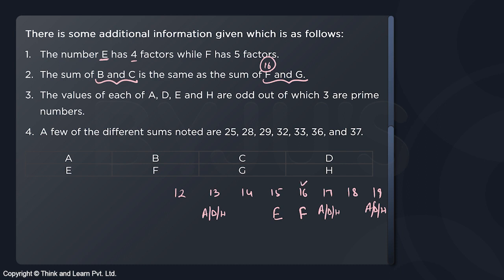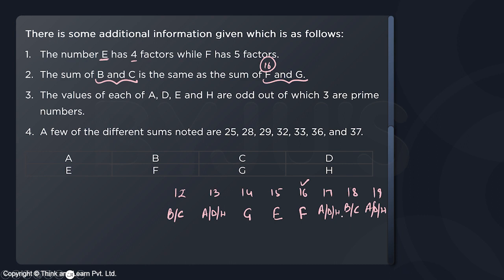So F, 16, plus one of these 3 numbers is equal to the sum of the other 2 numbers. Can I say the only possibility is that F plus G is 30, then B plus C would also be 30. That way I can say B and C are 12 and 18 in any order, but G must be 14.